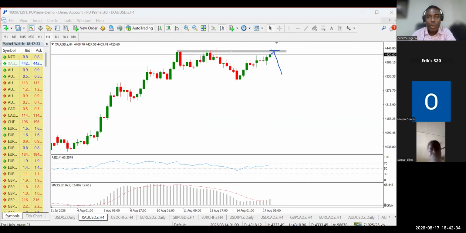At resistance, we're looking at the opportunity to sell after price did not break above it. While support is when price touches the same level a minimum of 2 times. 1, 2. So if price returns to this level, there's a chance that it may reverse to the upside. So that's just a simple explanation of resistance and support.